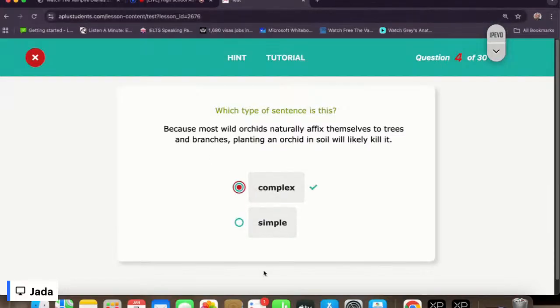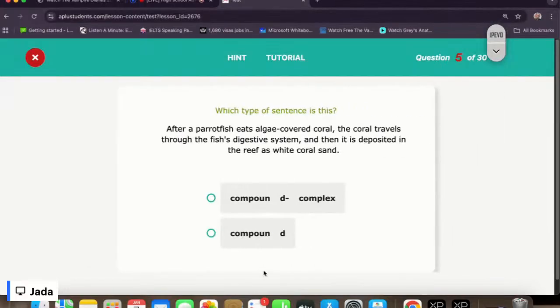So we have what here? Complex. So: After a parrotfish eats algae-covered coral, the coral travels through the fish's digestive system and then it is deposited in the reef as white coral sand.